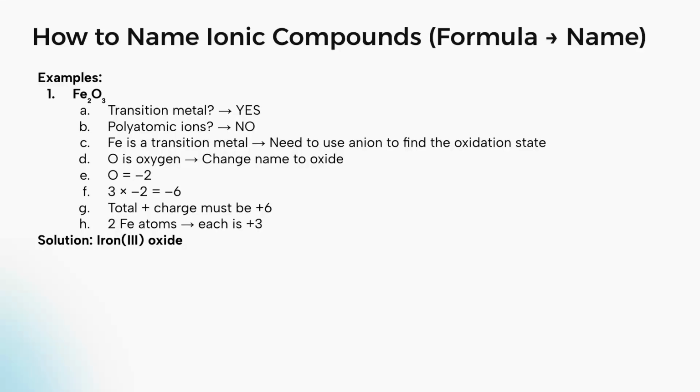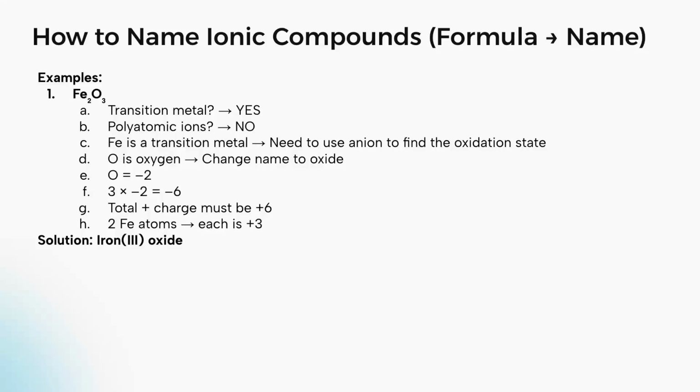In this harder example, Fe2O3, is there a transition metal? Yes. Is there a polyatomic ion? No. Because Fe is a transition metal, we need to use the anion to find its oxidation state. Oxygen we change its ending to IDE: oxide. The charge of oxygen is -2, gotten from the oxidation number.